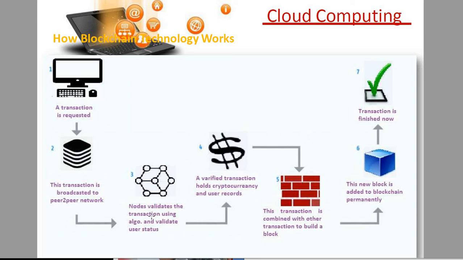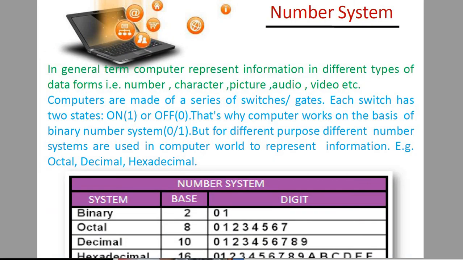If it's not valid, it gets blocked and it will say that you are not a valid user. If it's valid, it will go on. This new block is added to the blockchain permanently. The transaction is finished now. This is the way blockchain technology works.